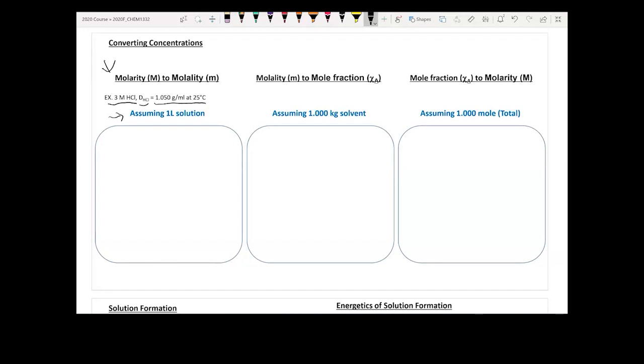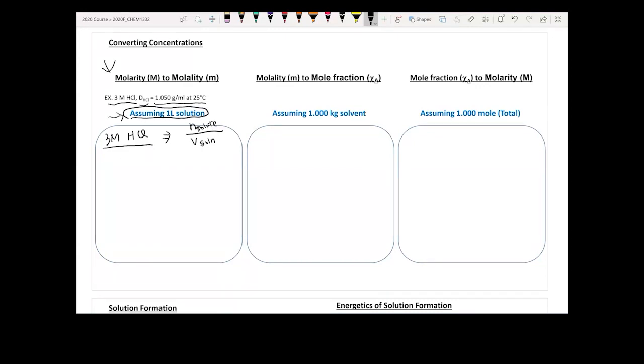So for example, here you start from a 3M HCl solution. You know 3M means this is molarity, right? So it's the number of moles of your solute divided by the volume of your solution.